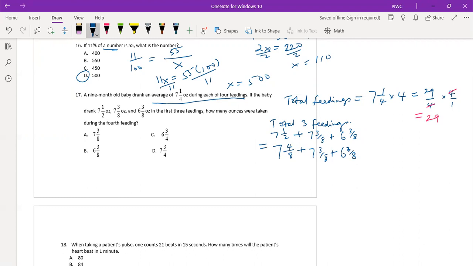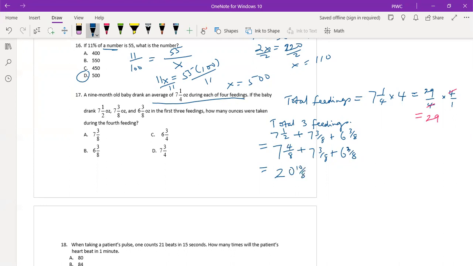Okay, what would this give me? 7 plus 7, that's 14. 14 plus 6, that's 20. So you have 20 here. 4 plus 3 is 7 plus that. So that is going to give us 10 out of 8. Okay.